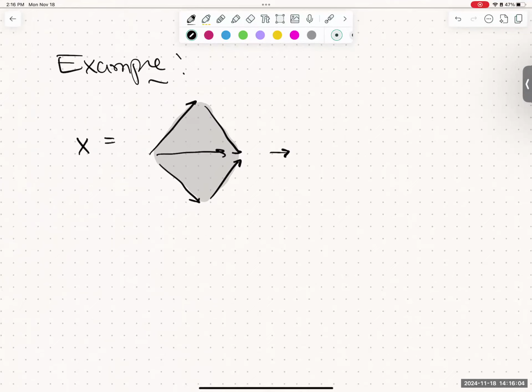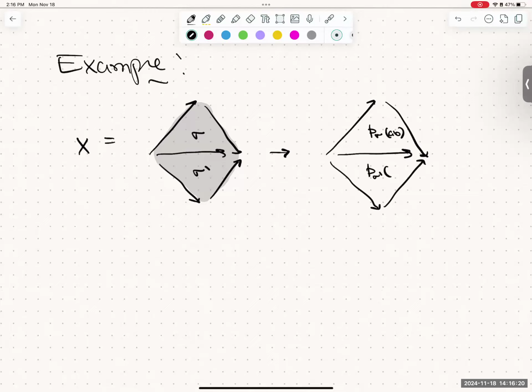And so now what will we have? Same picture, just in terms of the probabilities. So let's call this sigma, sigma prime, p sigma of AB, p sigma prime of A prime B prime, something like this.